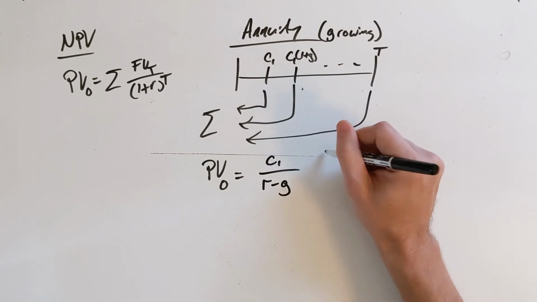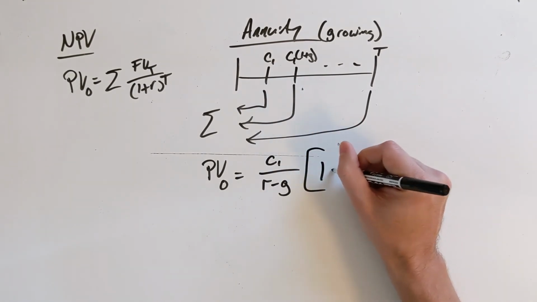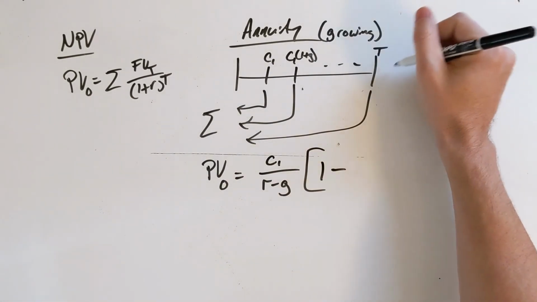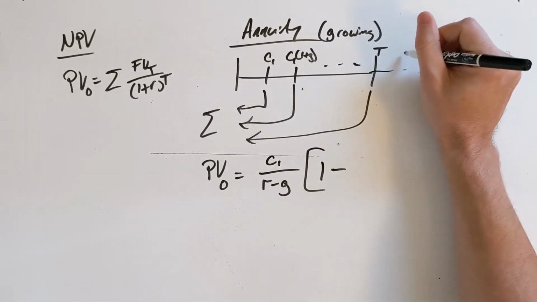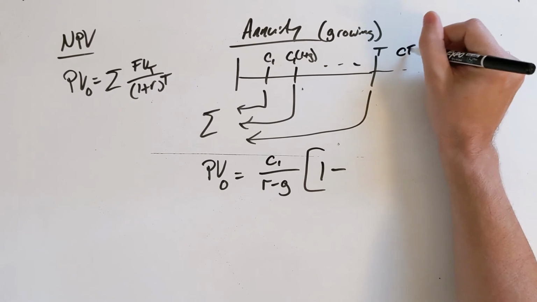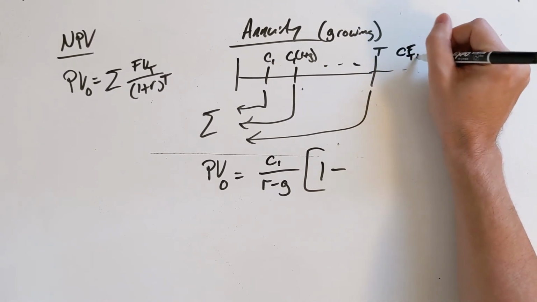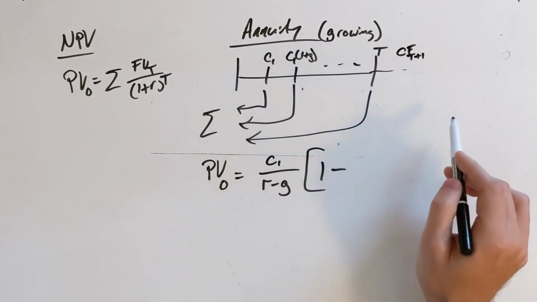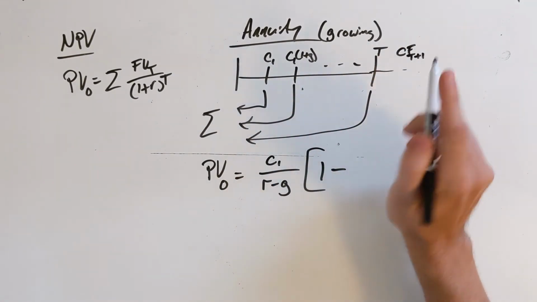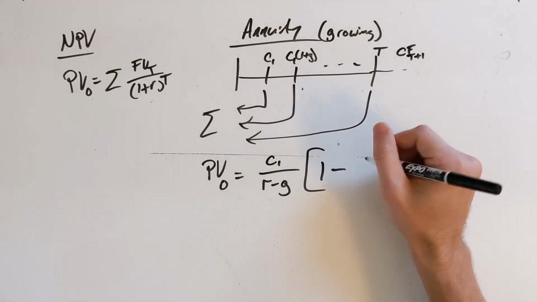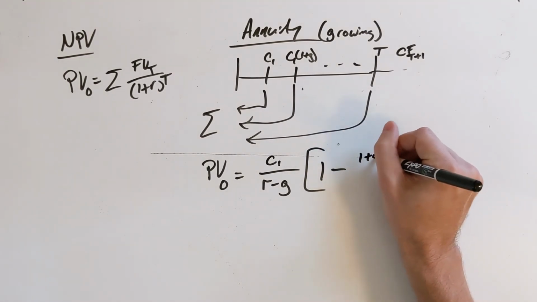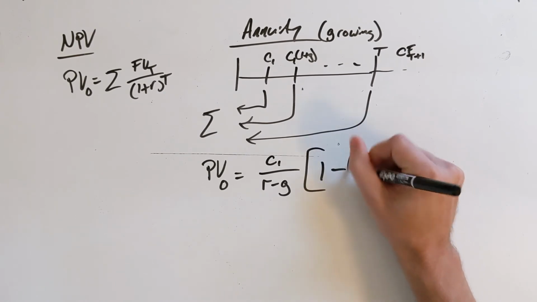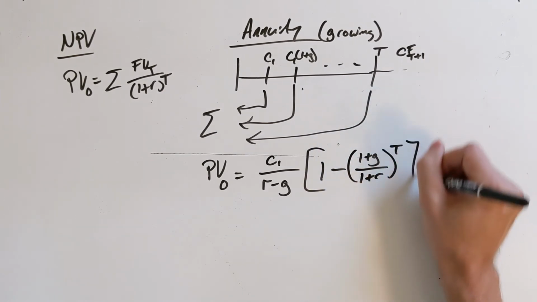And once again, you would have 1 minus, and here's where it gets a little different, because whenever you get out here, you actually have to find the cash flow at T plus 1 period, which is going to be a bunch of years of growth. As a matter of fact, it will be T periods of growth. And so you will have 1 plus G over 1 plus R to the T power, all right, as the second term.